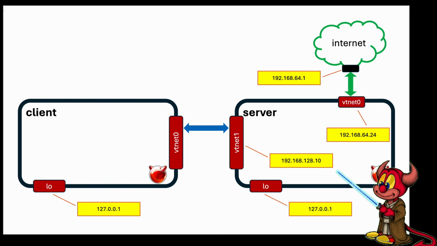Of course, the client machine also has a loopback device, and vtnet0 has the private address 128.9.